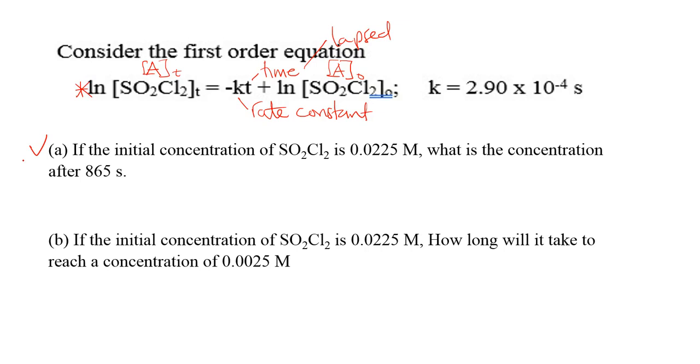The second problem: if the initial concentration of SO2Cl2 is 0.0225 molar, how long will it take to reach a concentration of 0.0025 molar? We will solve both using the first order rate law. Let's go on and work on these problems.